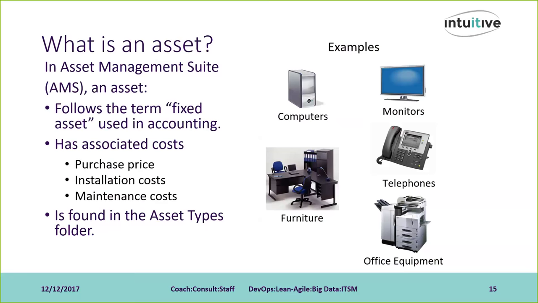Examples of assets that we can track in AMS are computers, primarily, phones, monitors, printers, furniture, office equipment. I mean, there's a multitude of built-in asset types, and if you don't find the asset type that you're looking for in there, you can easily create one.